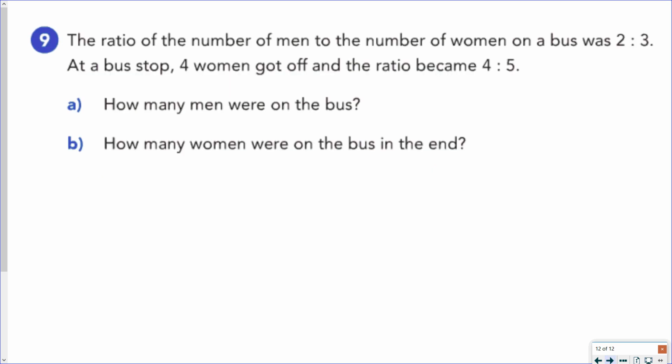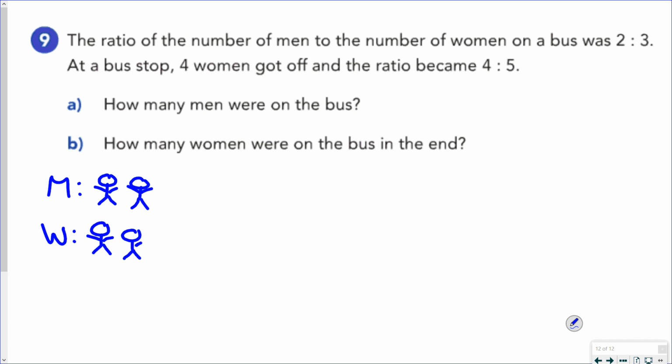And finally, the ratio of the number of men to the number of women on a bus was 2 to 3. So men to women was 2 to 3.